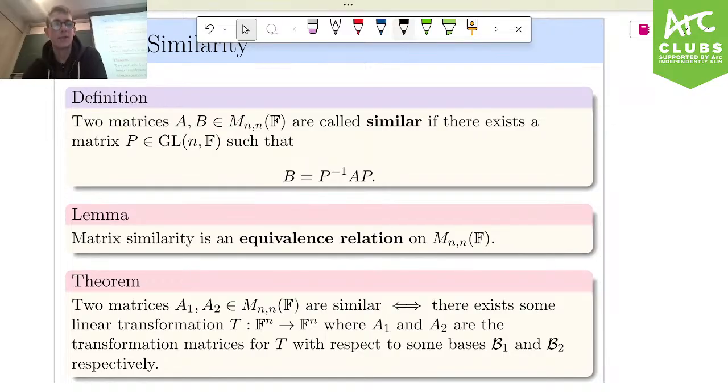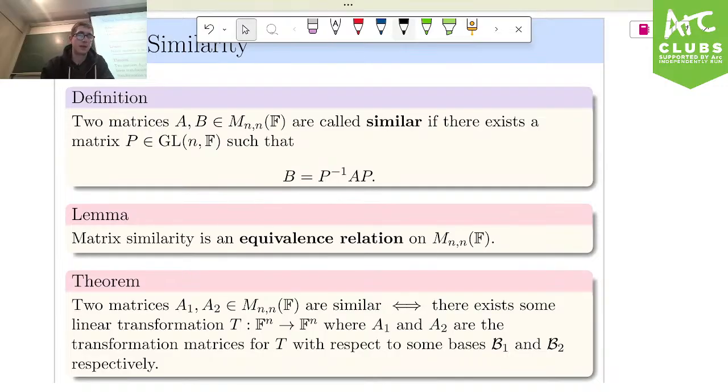And looking at that idea of a change of basis, one can motivate that two matrices are similar if and only if they can represent the same linear map, just with respect to different bases in the domain and codomain.